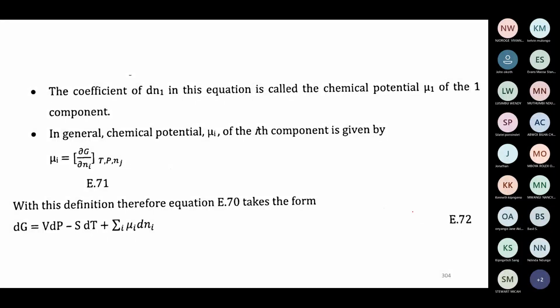Now the coefficient of dn1 in this equation is called the chemical potential, and it's given the symbol mu. So mu1 for the first component.